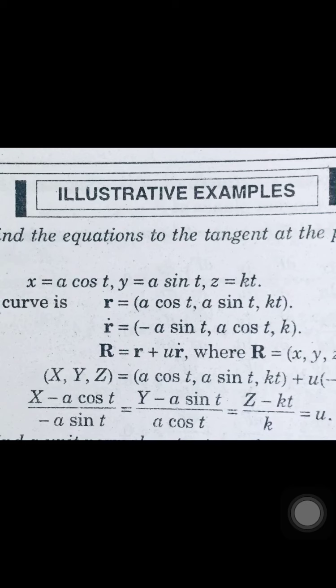So this is the equation of the tangent line. Because here we are given the coordinates in parametric form, so we are using r and r dot. Okay, and so substituting in the equation.